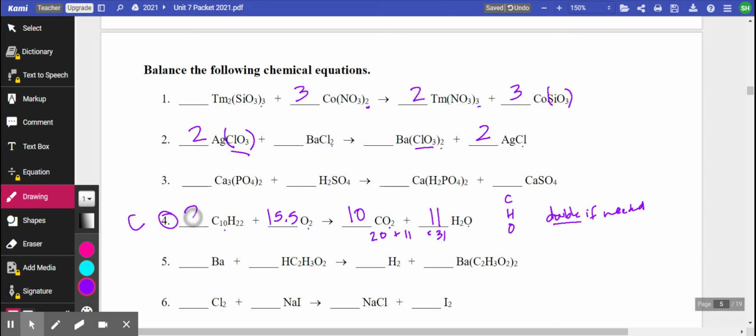So I'm going to put a 2 here, make this 31, make this 20, make this 22. Now everyone is happy. Okay, it is balanced. So you can finish page 5 on your own today, and then tomorrow's lesson is going to be page 6.